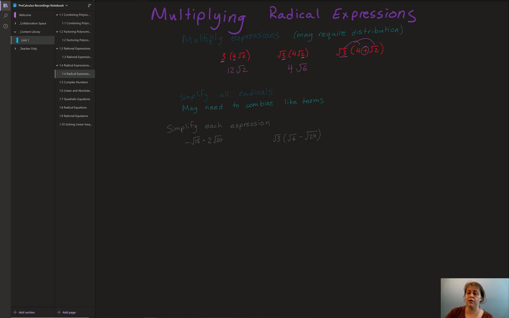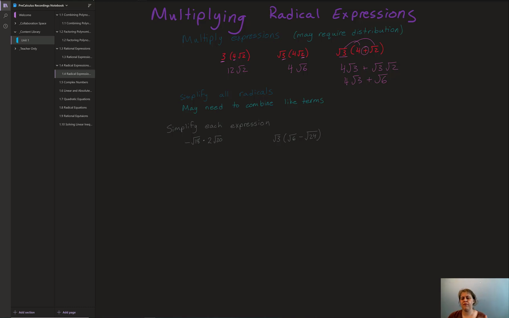There are 2 terms here, not just 1, but 2. So we're going to do 4 times the square root of 3, plus the square root of 3 times the square root of 2. So we're going to leave this as 4 root 3, and then we're going to add plus root 6. Why do we always put the outside number first instead of second? Why do we do that?